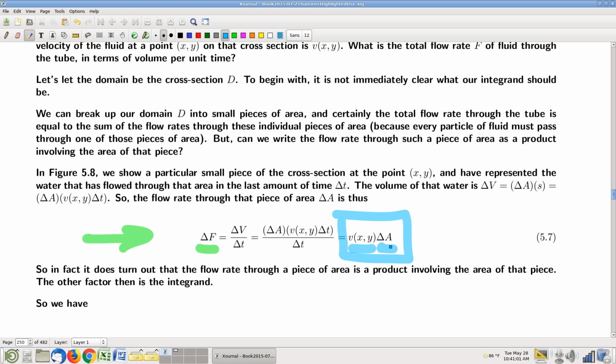It was not obvious that this was going to be the case. But as is required in order to, fingers crossed, hopefully be able to use a double integral to answer this question, I need, on each piece, for the quantity in question to be some function times area. Yay, worked out.